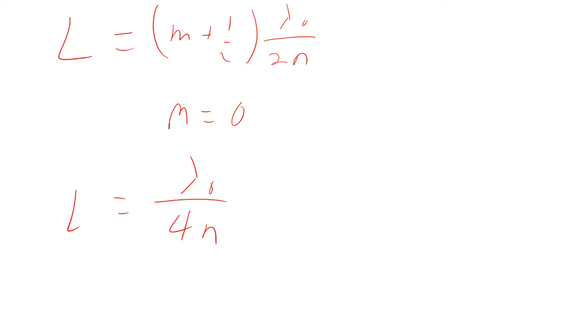Now, we already said n was 1.35. So 4n is going to be 5.4. So L equals lambda naught over 5.4.